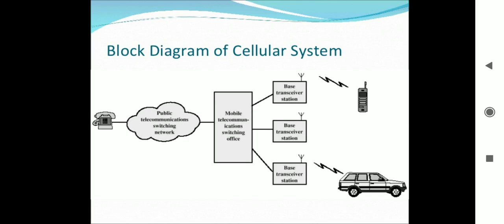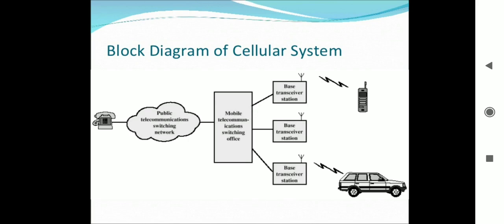The basic feature of the cellular system is frequency reuse. Frequency reuse means a frequency which can be used again. It allows the same frequency spectrum to be reused at separate locations.